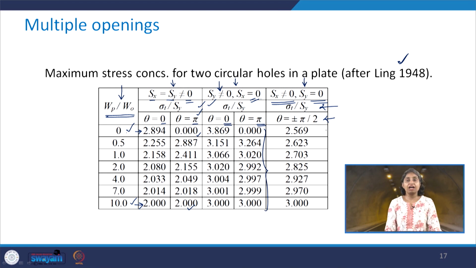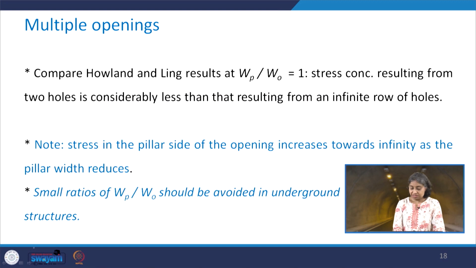And in case you have the stress applied in x direction and not in y direction, the maximum stress concentration is going to be at theta equal to plus minus 90 degree, and it varies from 2.569 and increases to 3. So this is how we can find out the stress distribution directly by the method that was given by Ling in 1948, where he solved directly these problems subjected to biaxial state of stress.